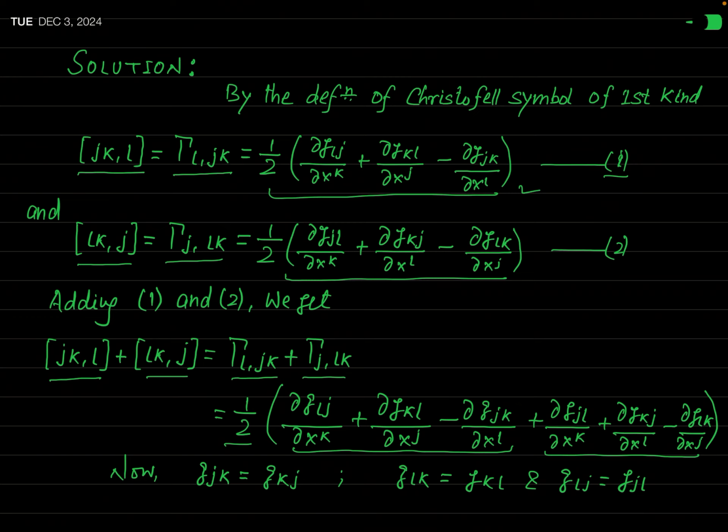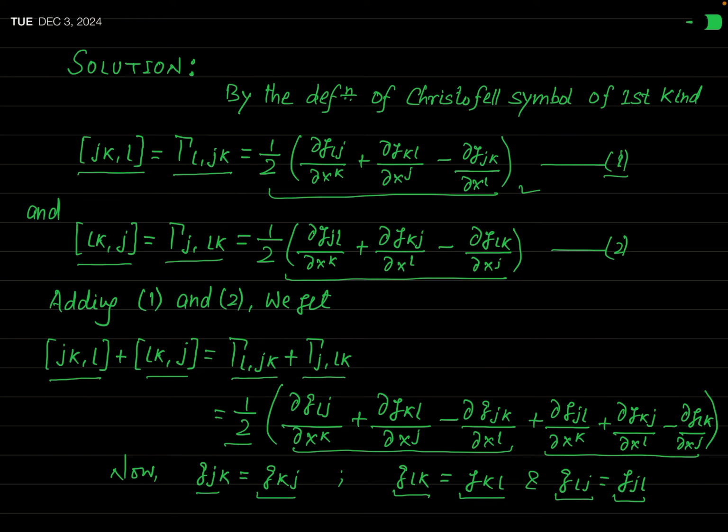But you know that this metric tensor g_JK is a symmetric tensor. So g_JK will be equal to g_KJ, and g_LK will be equal to g_KL, and g_LJ will be equal to g_JL.